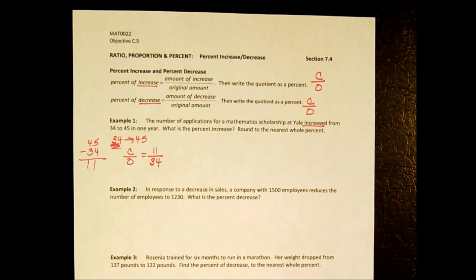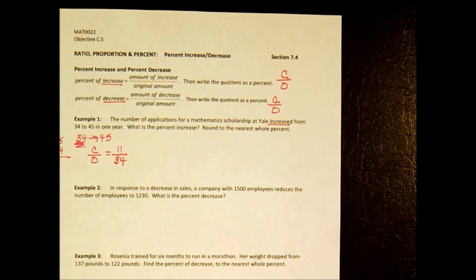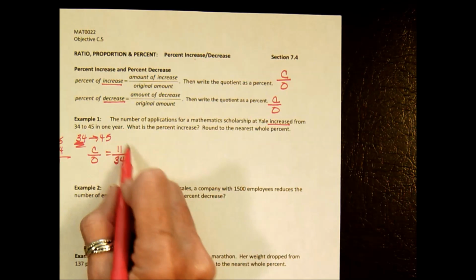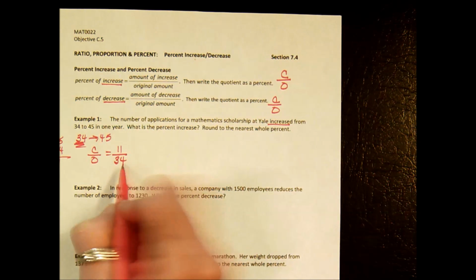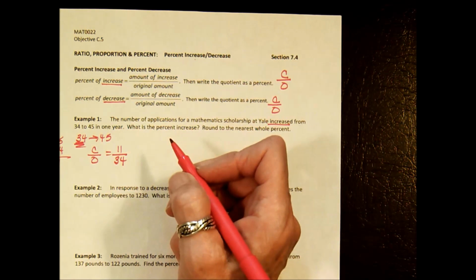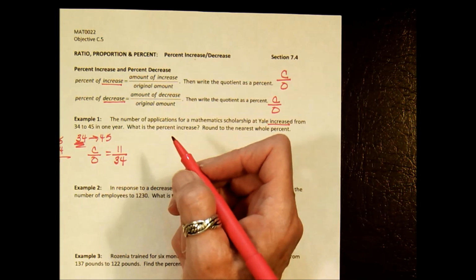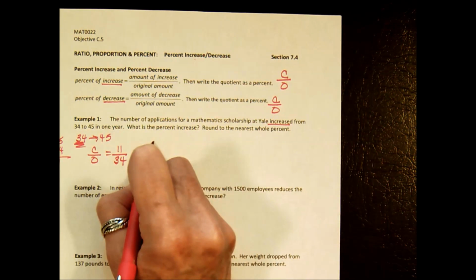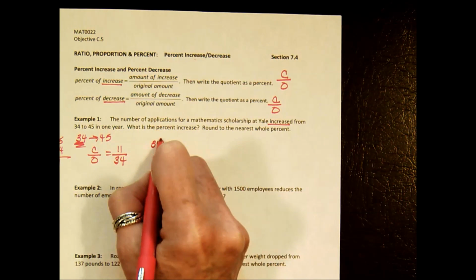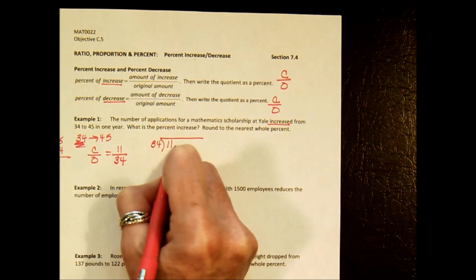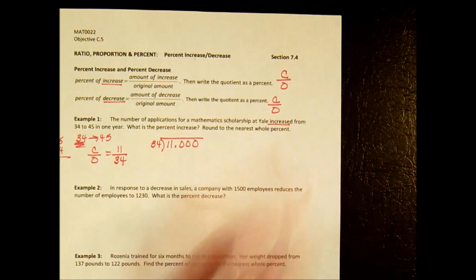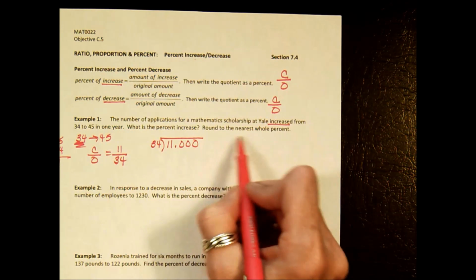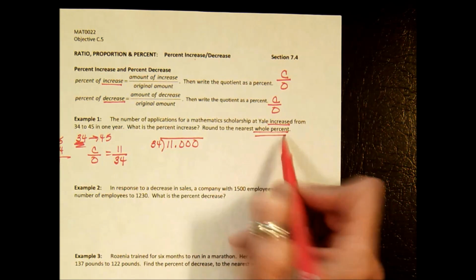Now we're not finished. And this is the hard part of these because I now have to change this to a percent. And the only way to do that is to change it to a decimal first. So I'm going to divide 34 into 11. I'm going to have to add some zeros. It says round to the nearest whole percent.